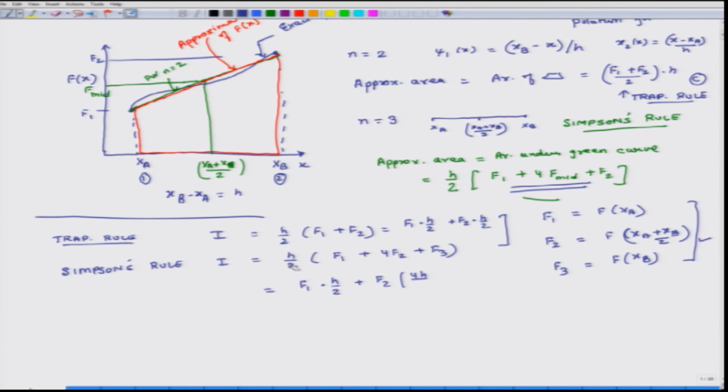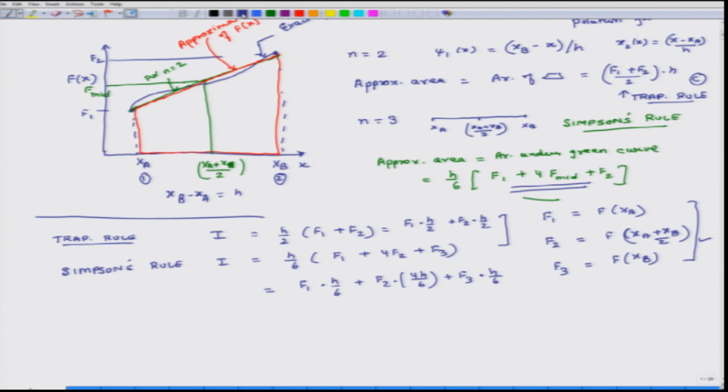Actually I am sorry, this should not be h by 2, it should be h by 6. So it should be 6 here also.